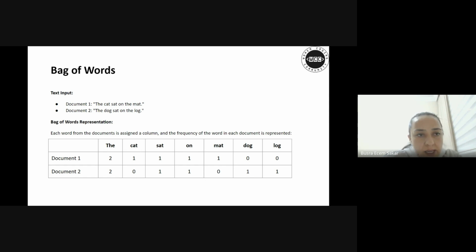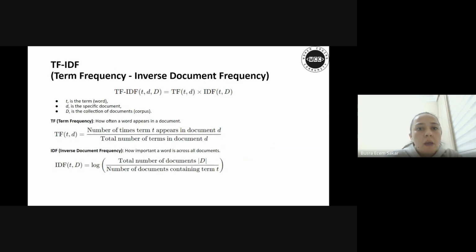So that's why we have TF-IDF, which stands for term frequency inverse document frequency. This is a widely used statistical measure in NLP that helps us determine how important a word is within a document relative to a collection of documents known as a corpus. The formula for TF-IDF is a combination of two metrics, term frequency and inverse document frequency.